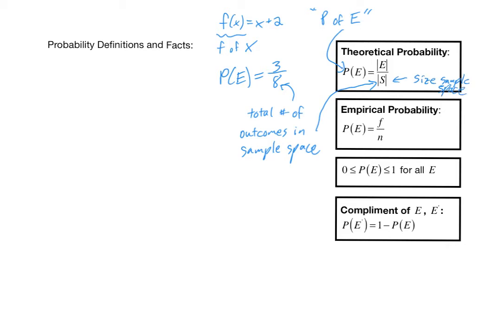And then the 3 up here was the size of the event space. So total number of outcomes in the event space. So this notation right here with the absolute value bars around E represents the size of the event space.